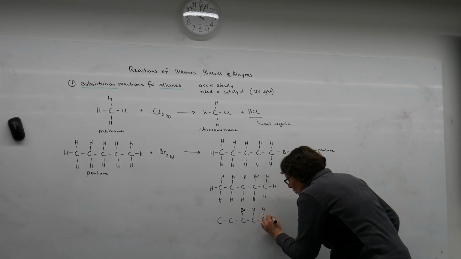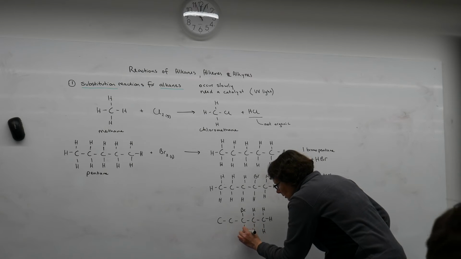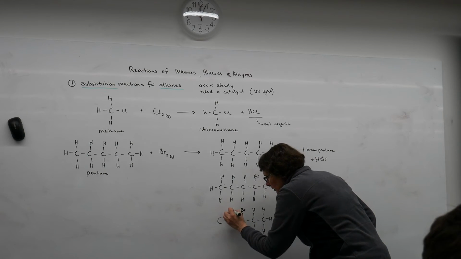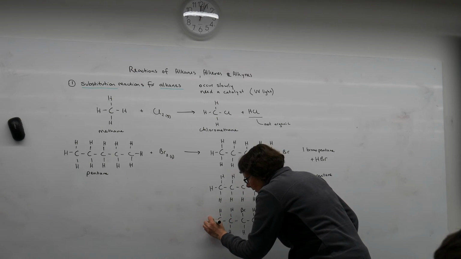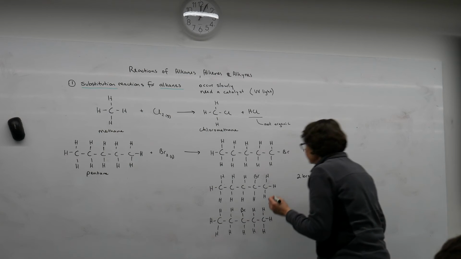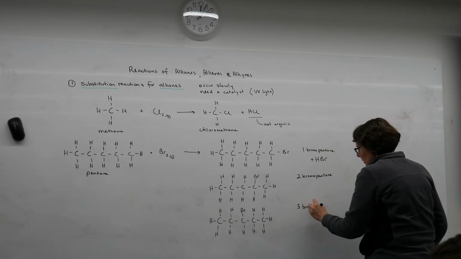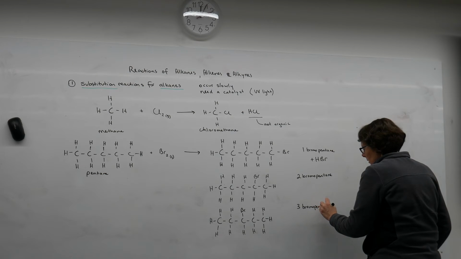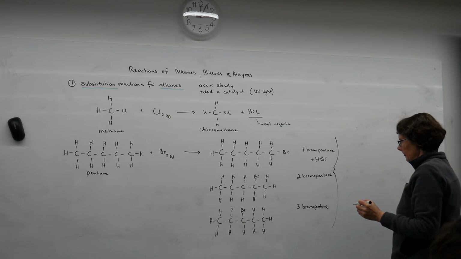And what do we call all of these possible products? Isomers. What is an isomer? Something that has the same elements but different configuration. Yep.